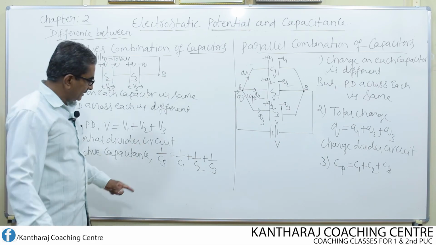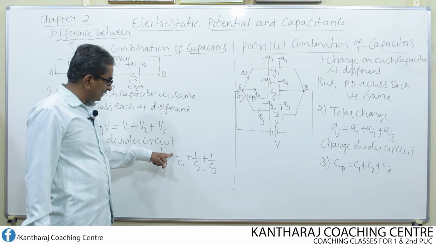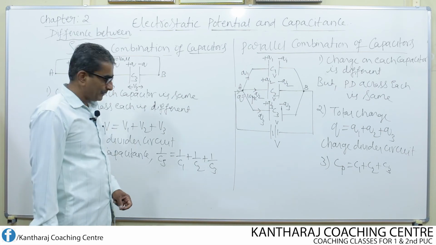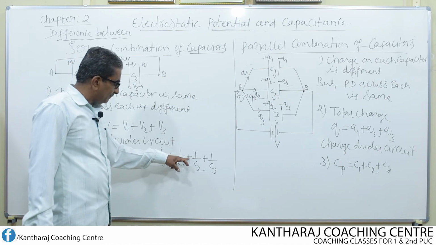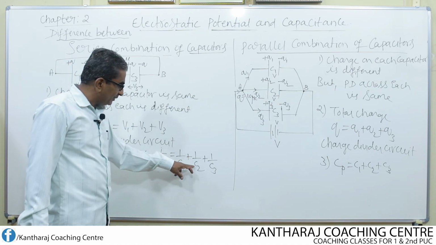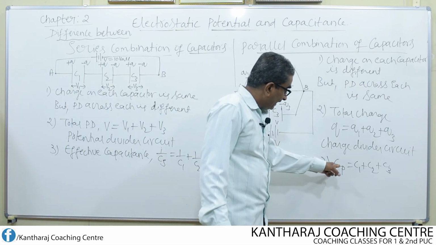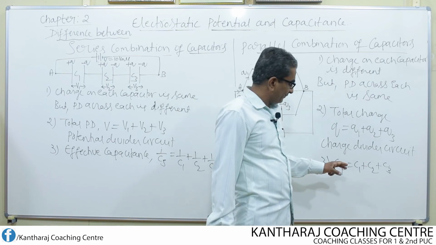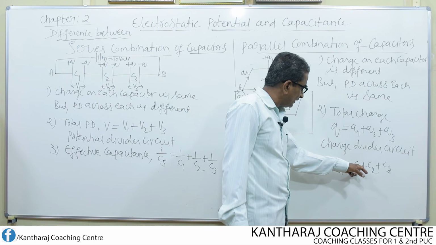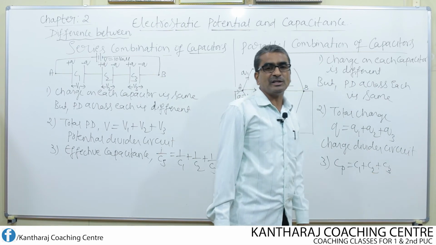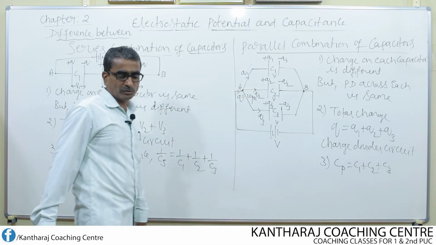How do you generalize? Reciprocal of effective capacitance of series combination is equal to the sum of reciprocals of individual capacitances. Whereas here, effective capacitance, no reciprocal here. Effective capacitance of the parallel combination is equal to the sum of the individual capacitances. So, this is how we generalize both.